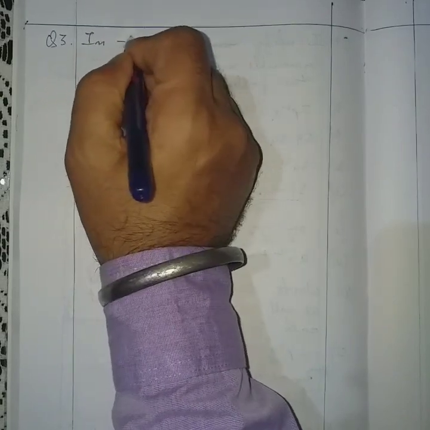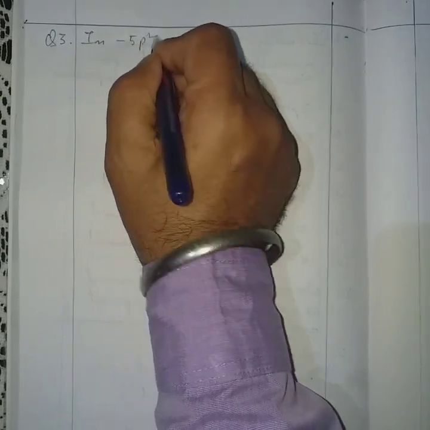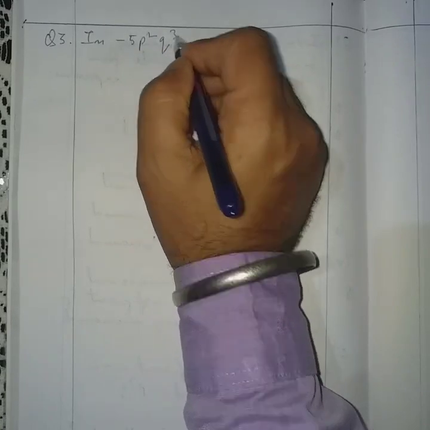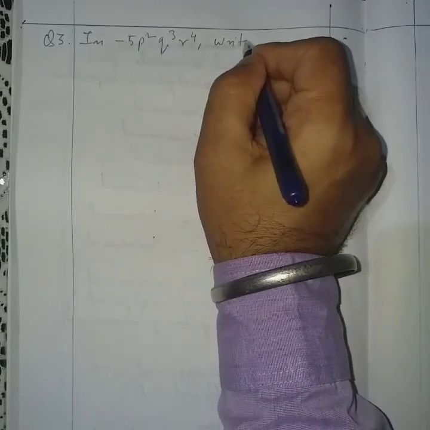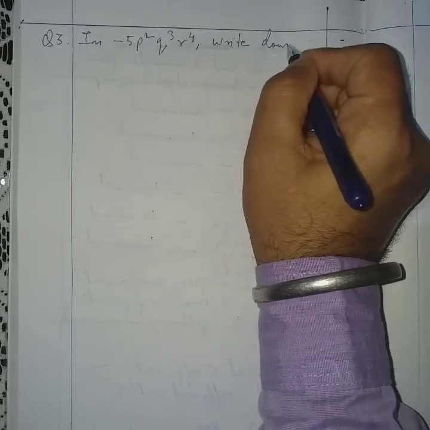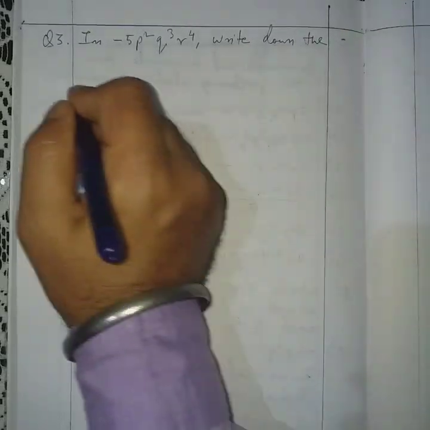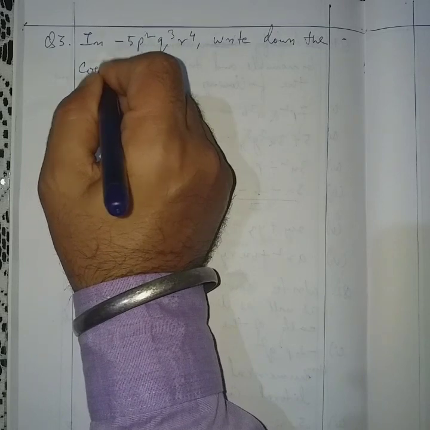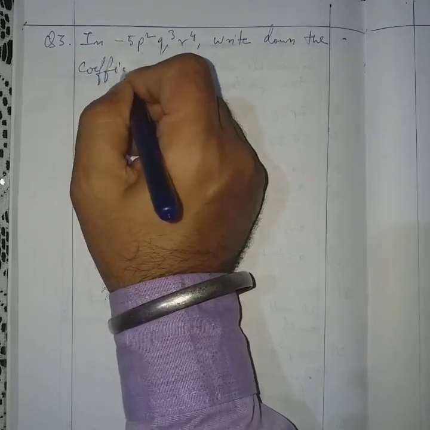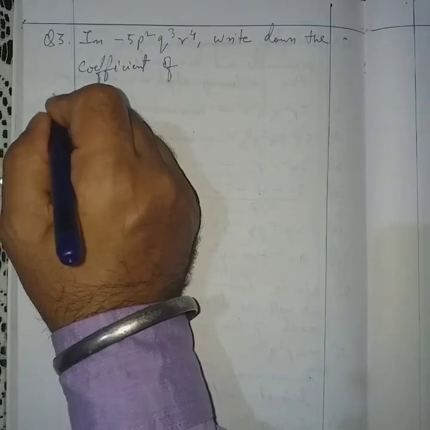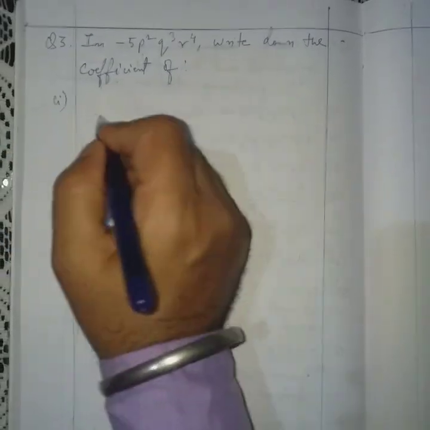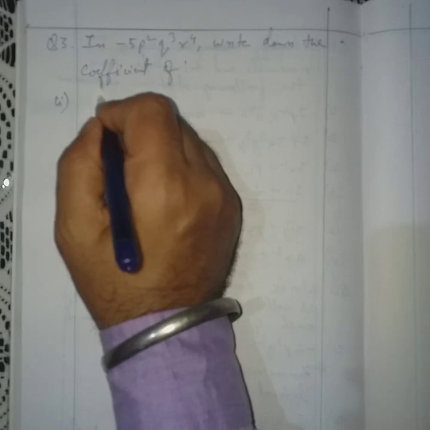In minus 5 p square q cube r to the power 4, write down the coefficient of number 1, p square.